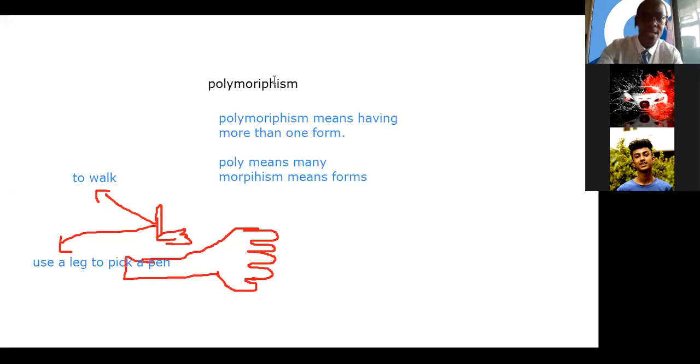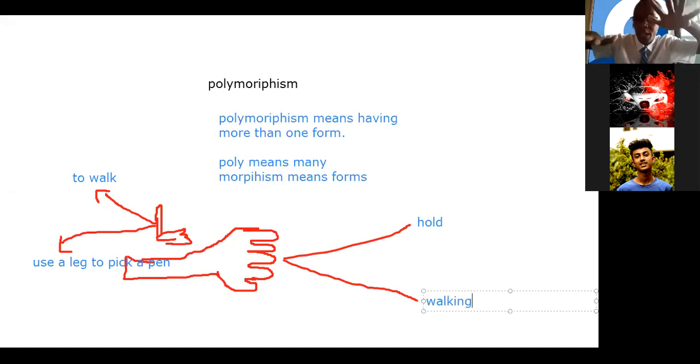Again, to understand having many forms, this arm is used to hold, or this arm can be used for walking. Have you seen people walking with their arms, with their hands? So having one form but performing different actions. Polymorphism means having more than one form or performing more than one action.